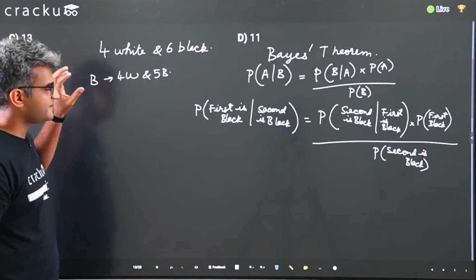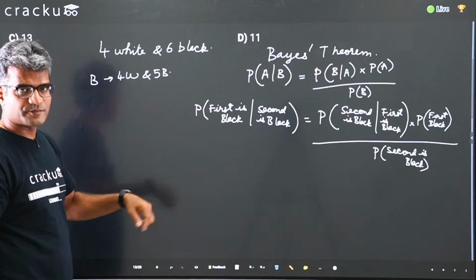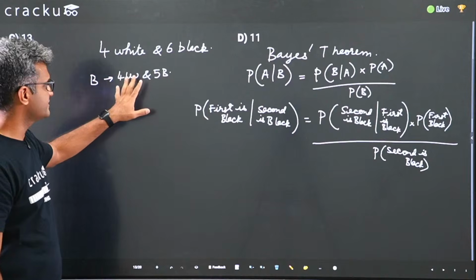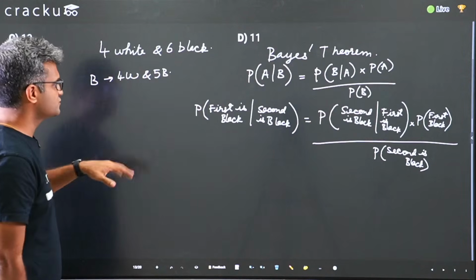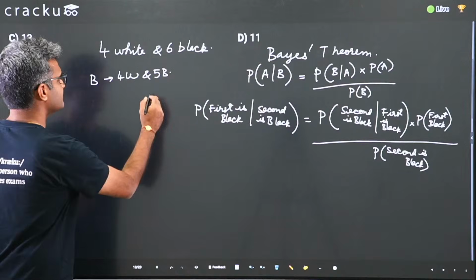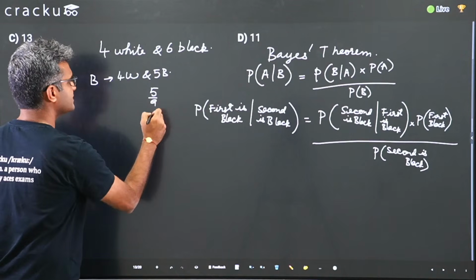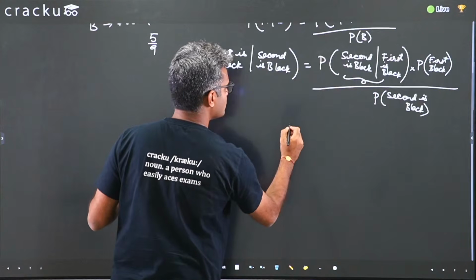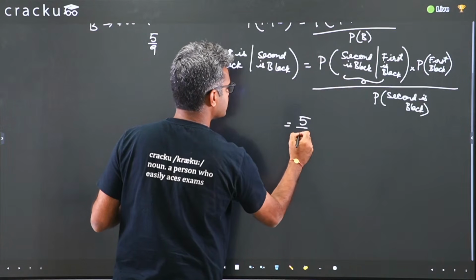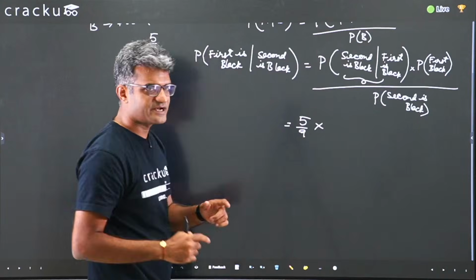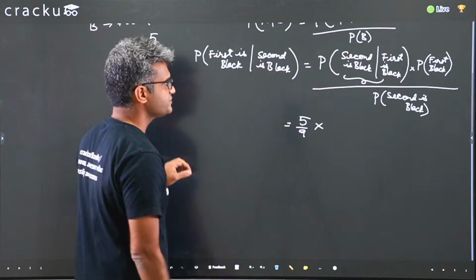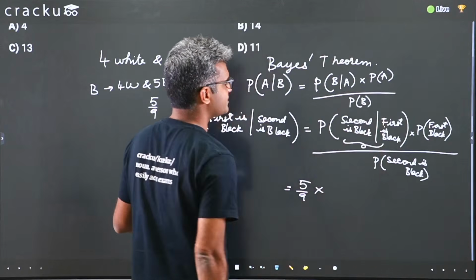So if the first ball is black, what is the probability that the second ball is black? We are left with 4 white and 5 black balls, so the probability that the second ball is black will be 5 divided by 9. So this is just equal to 5 by 9, into what is the probability that the first ball is black?